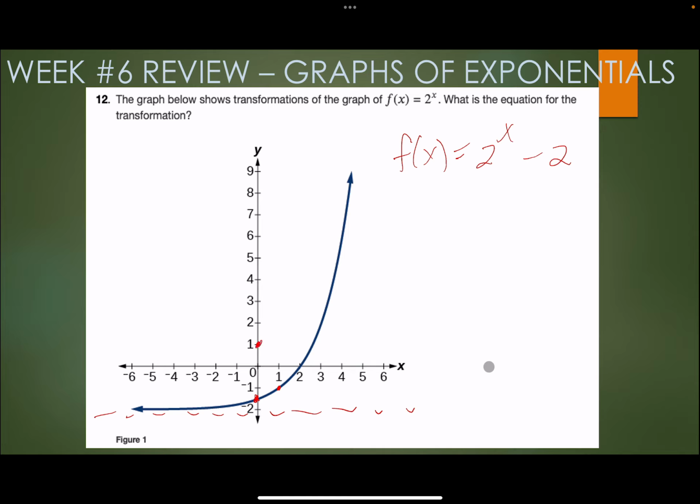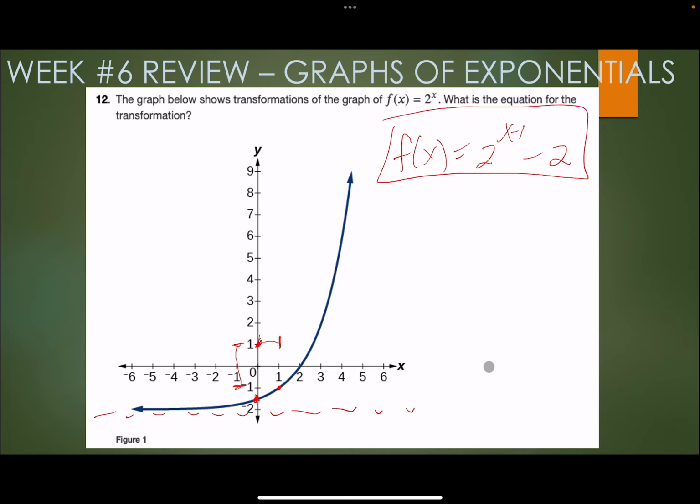So it's been shifted down 2 and over 1. So I think the equation needs to have a minus 1 here to be able to get the right number. Because now if we put 0 in for x, we're going to get 2 to the negative 1, which is 1/2, minus 2, which is negative 3/2. So that's correct. So this is the right equation.